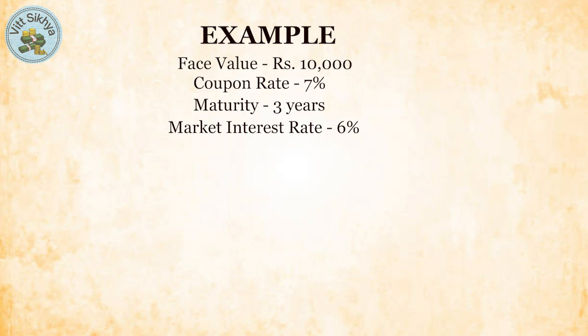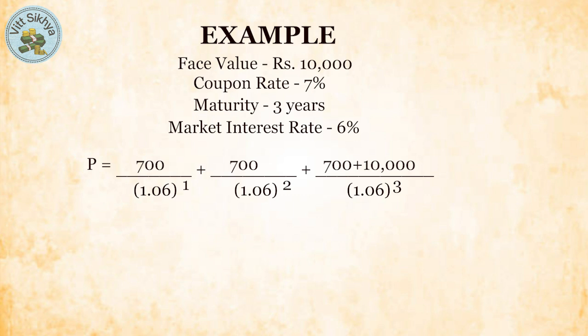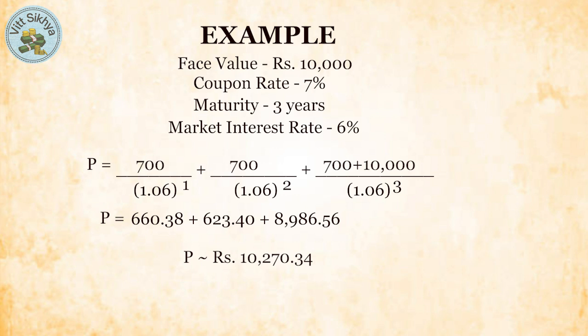Now using the formula, we have P is equal to 700 divided by 1.06 raised to the power of 1, plus 700 divided by 1.06 raised to the power of 2, plus 700 plus 10,000 divided by 1.06 raised to the power 3, which gives us 660.38 plus 623.40 plus 8,986.56, which is approximately equal to 10,270.34 rupees.